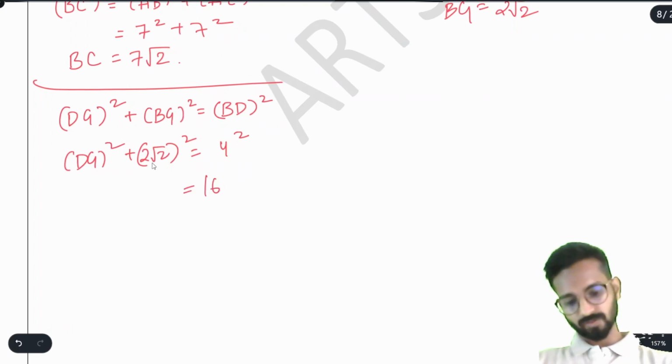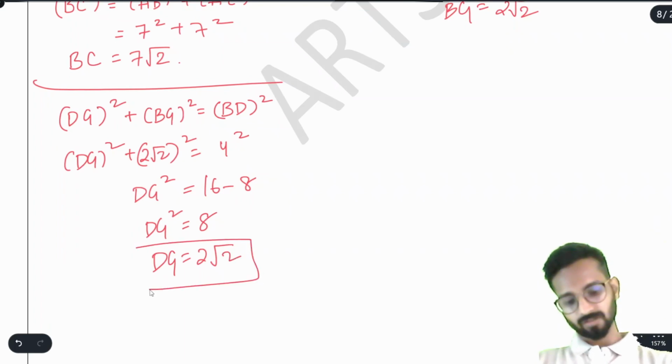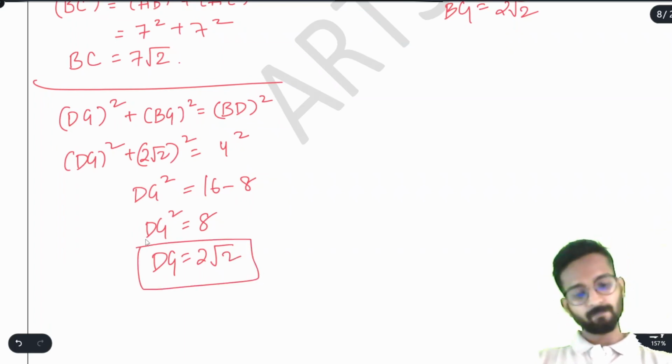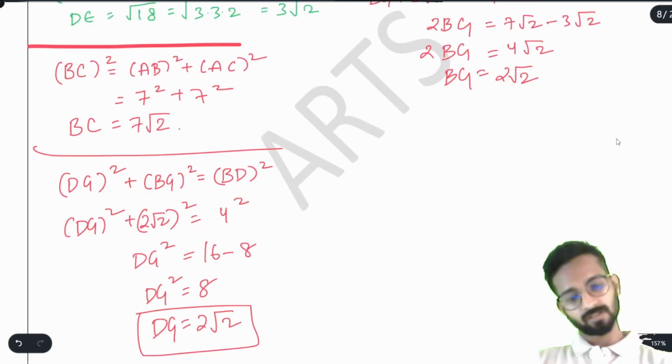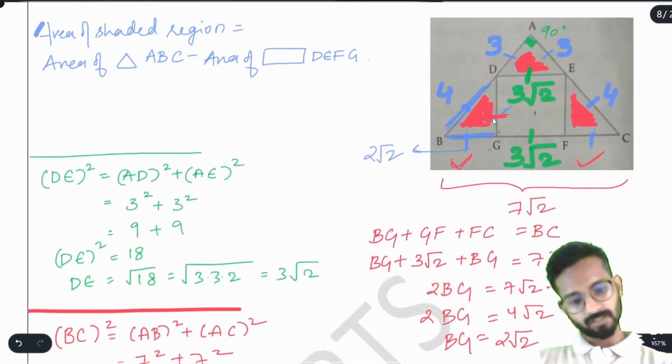You can say 16 minus 8, since 2 root 2 squared is 8. This is your DG square. So DG square is 8. So you can say DG is 2 root 2. Easy. When DG is 2 root 2 you got, see, DG is equal to 2 root 2.